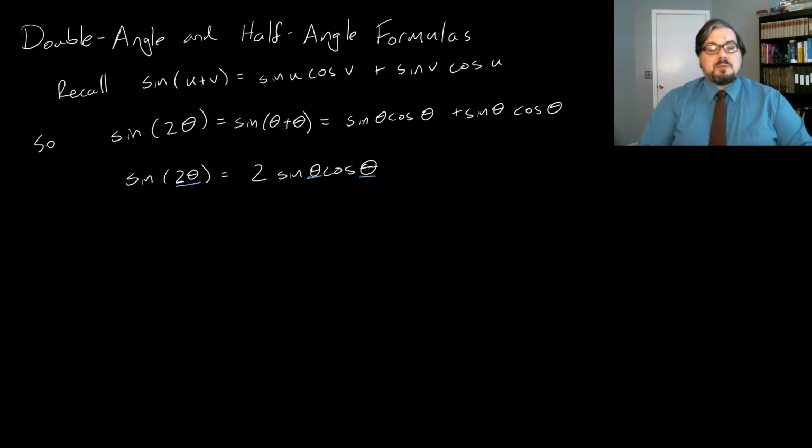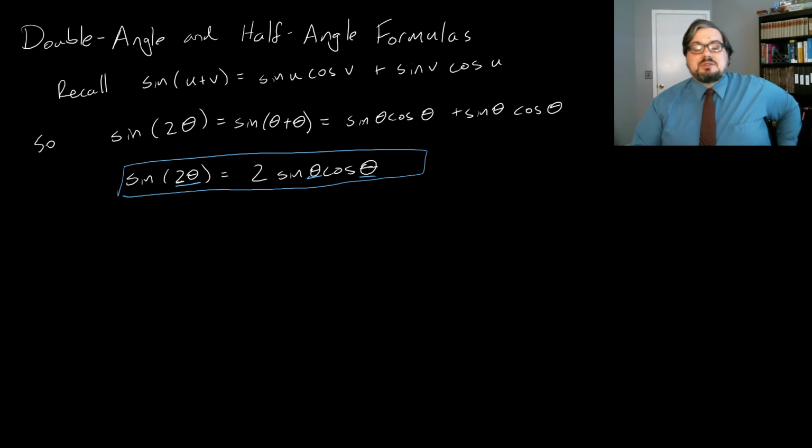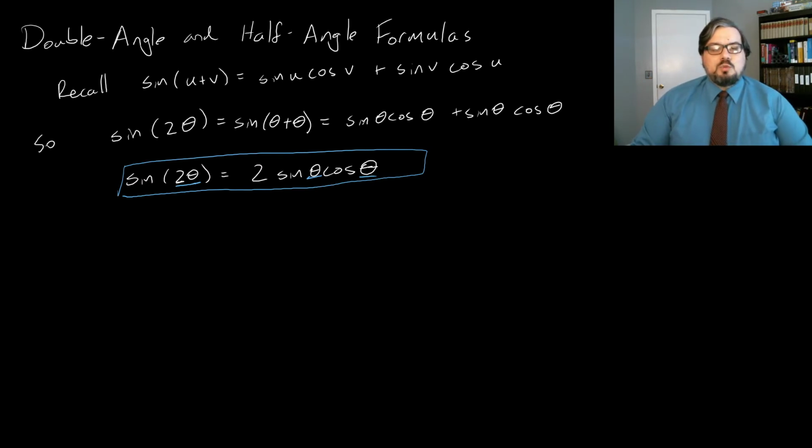So this is our formula for sine. Sine of 2 theta is always equal to 2 times sine theta times cosine theta. Interestingly, we use this identity and the other ones that we're going to talk about in both directions. Sometimes we've got a trigonometric function like sine 2 theta and we want to express it in terms of sine theta and cosine theta.